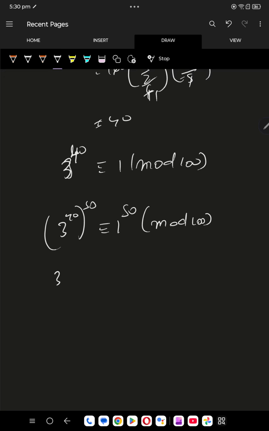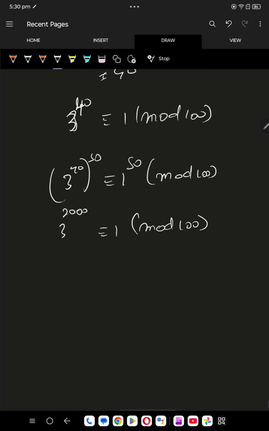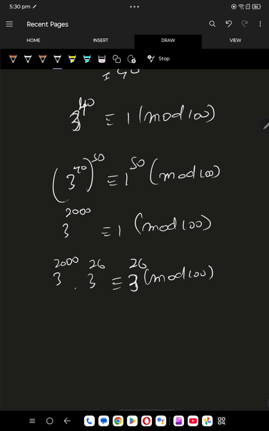This is 3 power 2000, congruent to 1 mod 100. So we want 2026: 3 power 2000 into 3 power 26 is congruent to 3 power 26 mod 100. Now this is the exponent part; if you compute 3 power 26 practically, you will get something around 10 power 12.